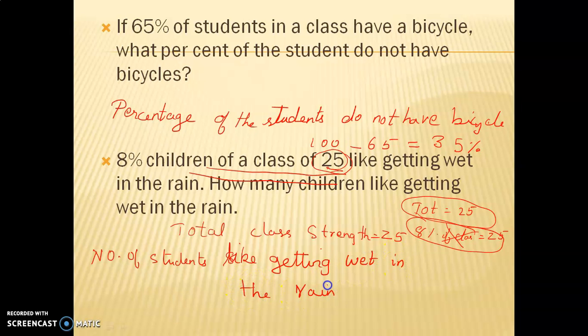What percentage of students like getting wet in the rain? 8 percentage of total. So this is what we learnt last time. 8 by 100 into total, which is 25. I will do the cancellation here for a little bit of clarity. 8 by 100 into 25. 4 1s are 4, 4 2s are 8. Only 2 students like getting wet in the rain.